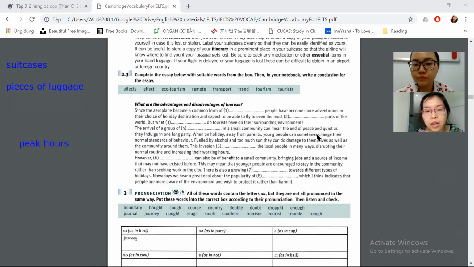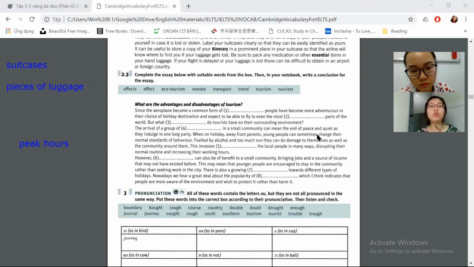There is also a growing trend towards different types of holidays. Nowadays, we hear a great deal about the popularity of ecotourism, which I think indicates that people are more aware of the environment and wish to protect it rather than harm it.